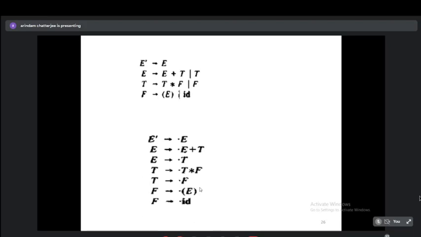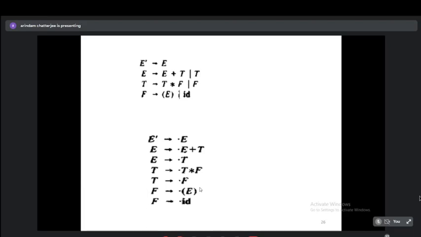So E prime producing E. So this is going to be our starting augmented grammar, and we'll create what is known as the LR0 set of item construction process. We'll do that using two operations we'll define on Friday, known as goto and closure. And we'll see how those item construction processes help us achieve the goal, which is creating the LR0 parsing table, which will parse a given input string and construct the parse tree in a bottom-up manner.